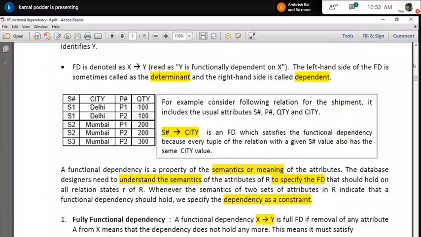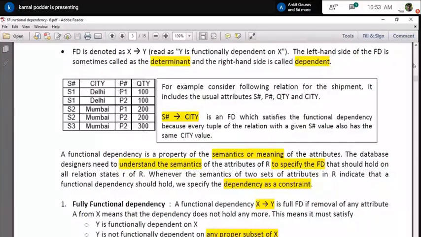Okay, take an example: this is my table with supplier number, city, part number, and quantity. That means here we are recording the different parts supplied by different suppliers and how much quantity it is.